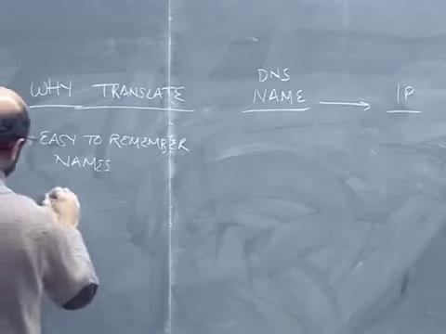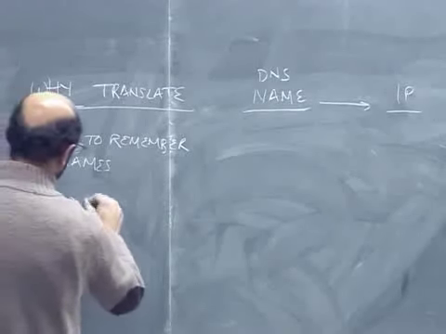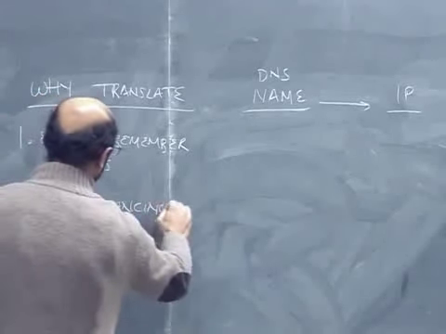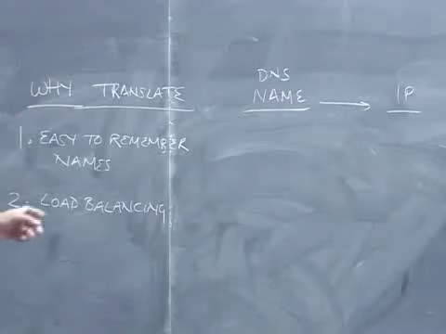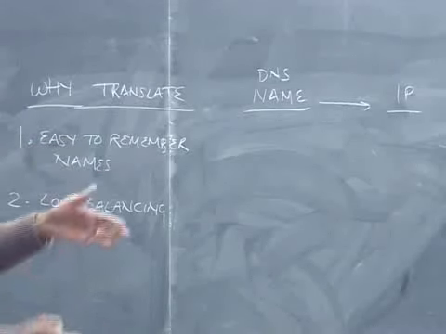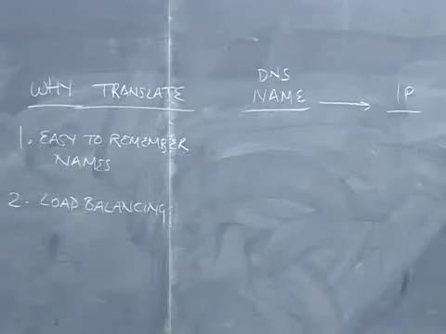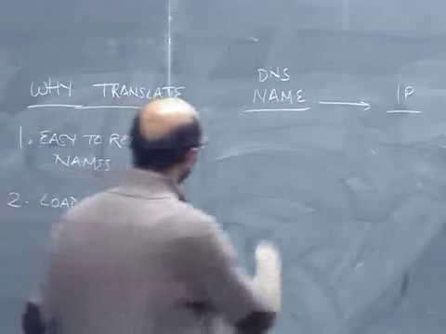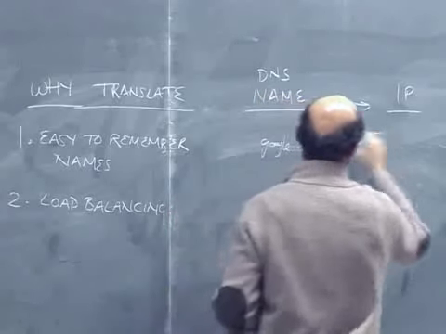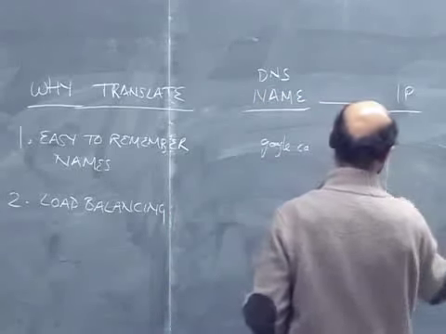The second thing, it allows load balancing. And by load balancing, what I mean is that when you go to google.ca and you ask it for a name, it can give you a different IP address each time it's asked. So let's say that behind this name, google.ca, maybe there's 1,000 different IP addresses.